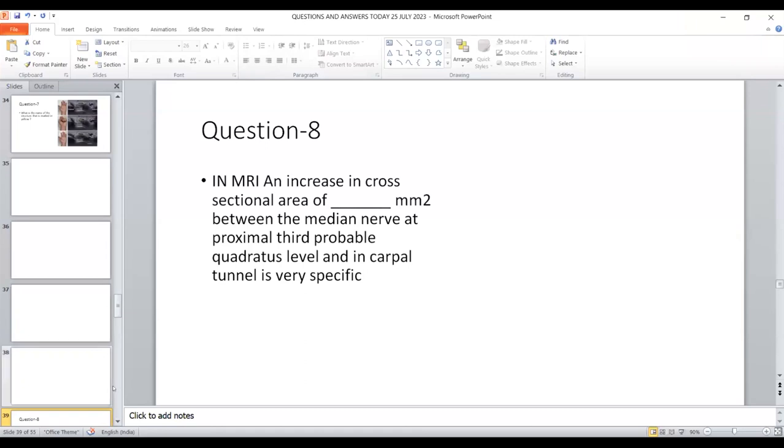Tirunelveli Medical College, sir. Final year DM Neurology. Congratulations, madam. Thank you, sir. So congratulations to all the winners, and the prizes will be given to you at your place.